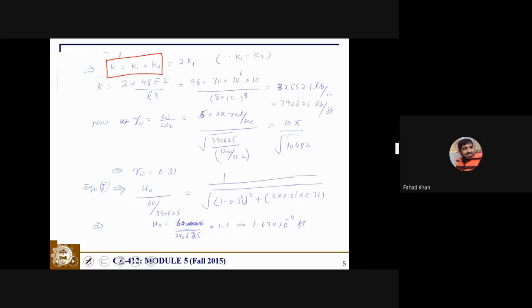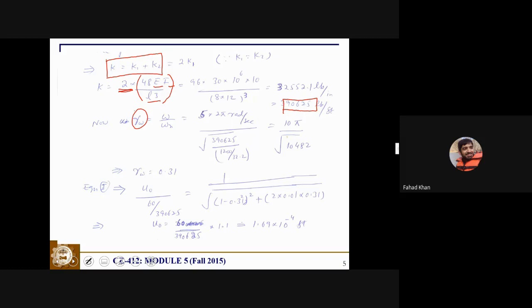The stiffness of a simply supported beam when a point load is applied at the center of the beam is 48 EI over L cube. For the two beams, we will multiply by 2. After putting in all these values, E, I, L, we will get a stiffness of 39,390,625 pounds per foot.